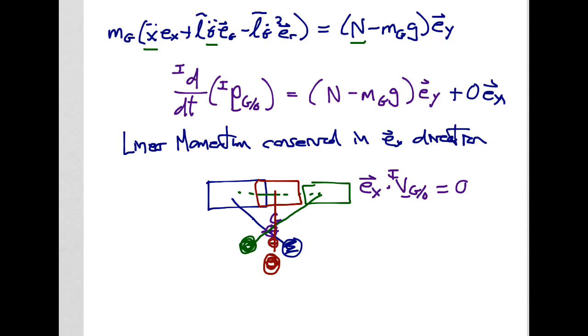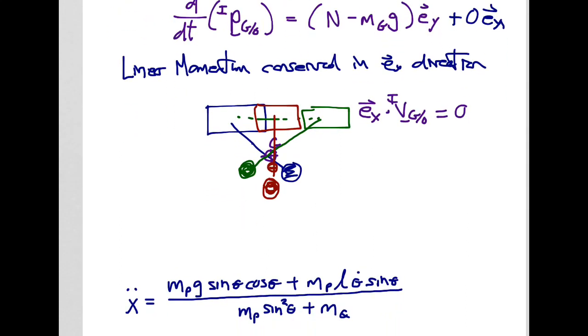So we see that the center of gravity simply moves up and down as mass P oscillates back and forth, and mass Q oscillates back and forth as well. The system itself oscillates back and forth around the location of the center of gravity.